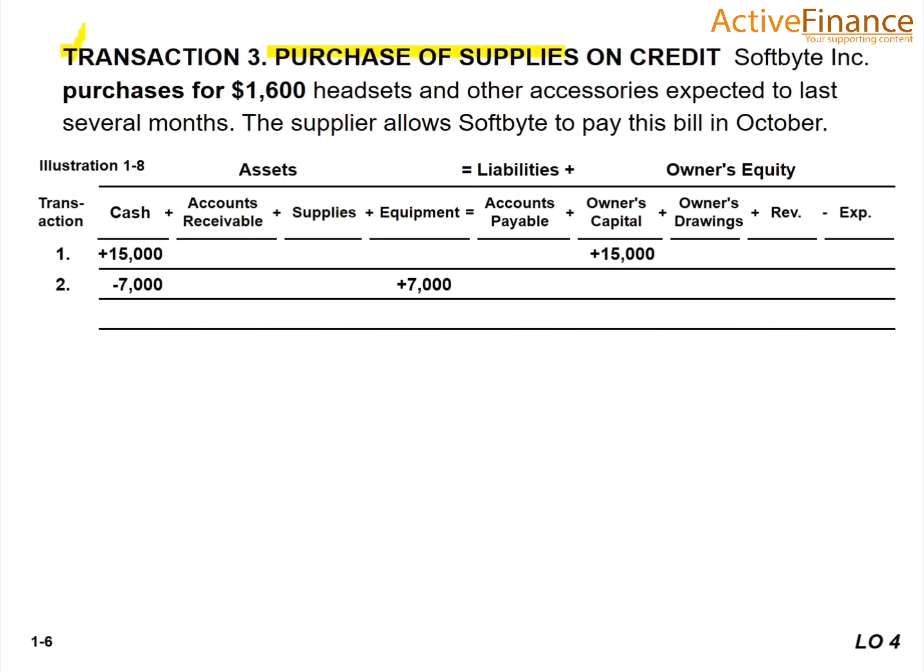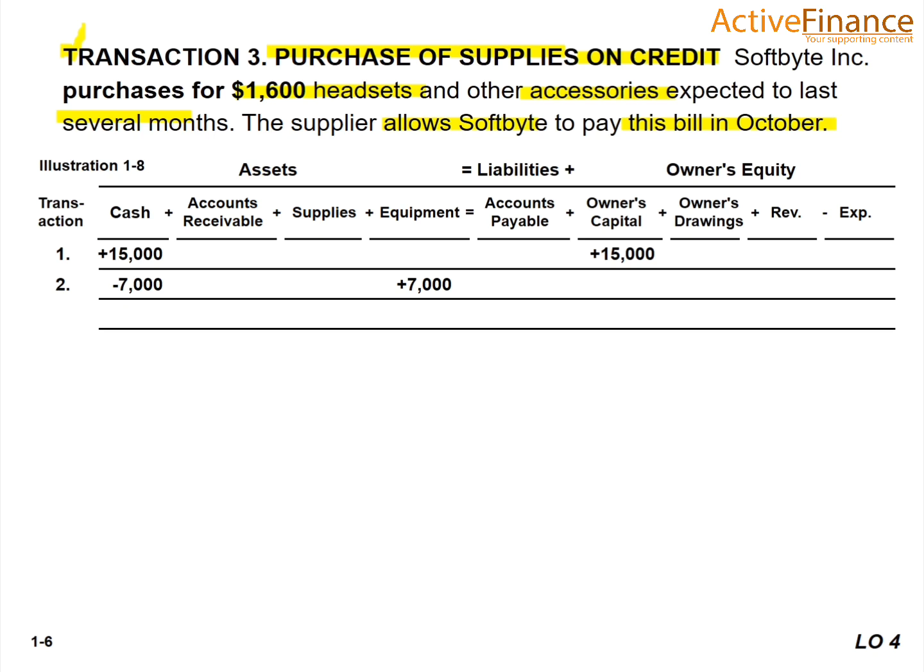Purchase of supplies on credit. SoftBite purchases $1,600 of handsets and other accessories expected to last several months. The supplier allows SoftBite to pay in October, meaning we will pay the amount next month, so we are purchasing supplies on credit.